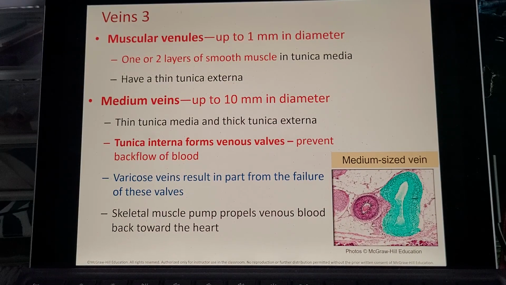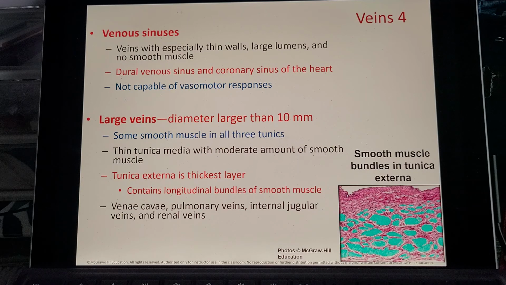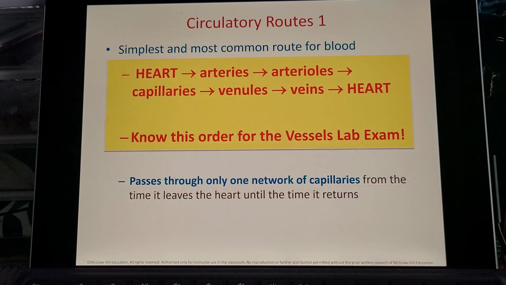If those valves fail to work, that's how you end up with varicose veins, those spider veins usually on the legs, and that typically happens to people who stand up a lot when they work. Okay, so again, getting larger and larger, there is some smooth muscle that helps if it stretches. And the reflex for smooth muscle is to contract, so that helps with getting it back towards the heart.